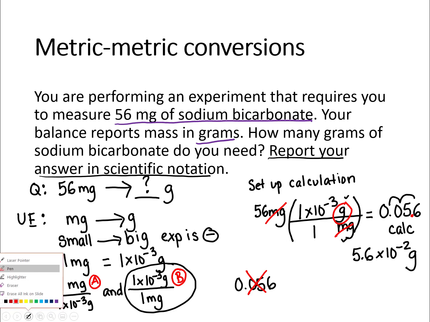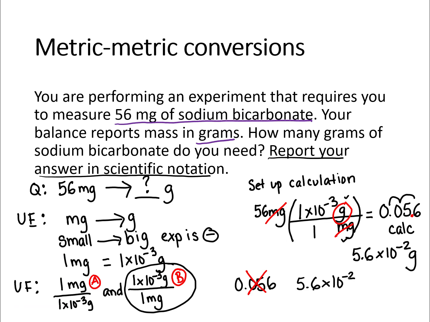If you told me scientific notation, still wrong. Now you'll get partial credit, right? You'll get partial credit. But the complete answer is 5.6 times 10 to the minus 2 grams.